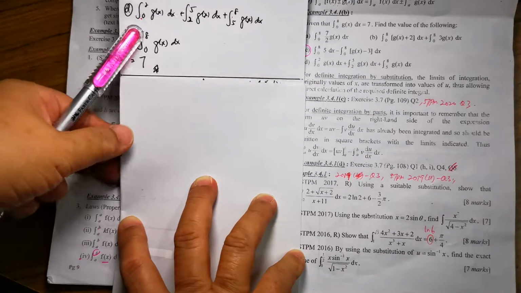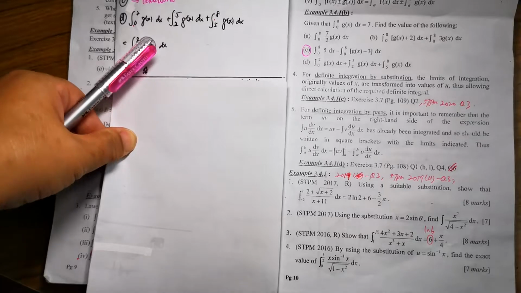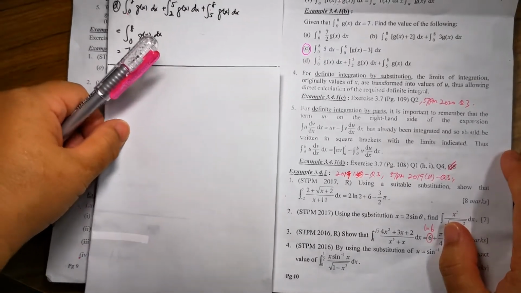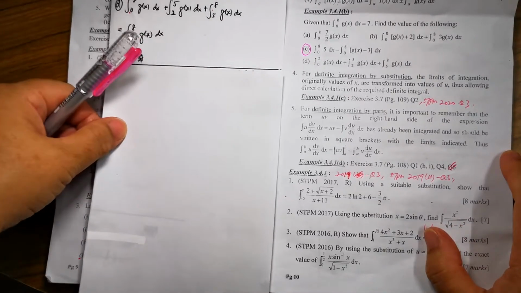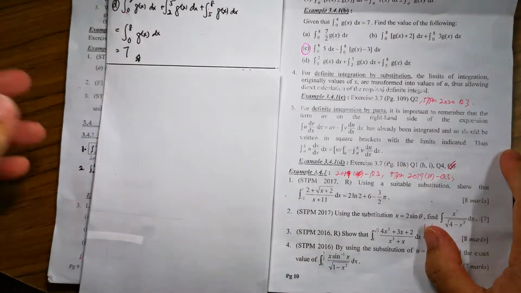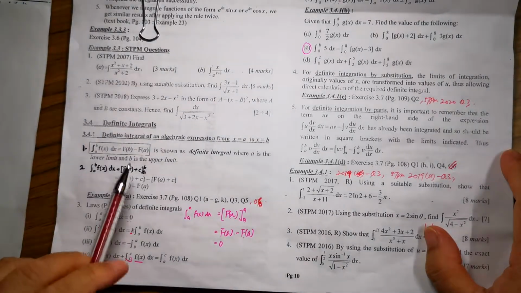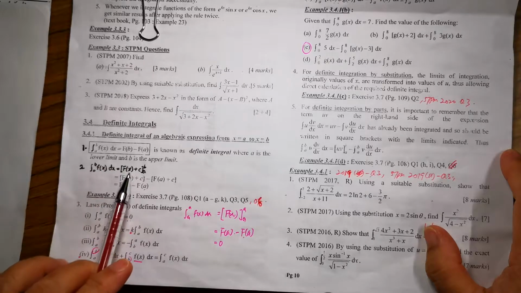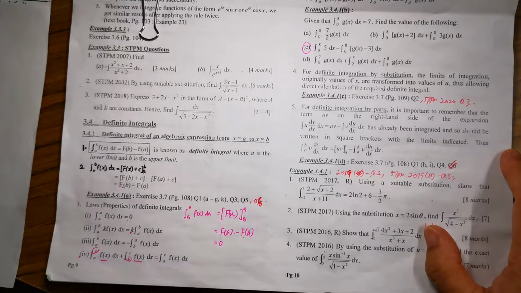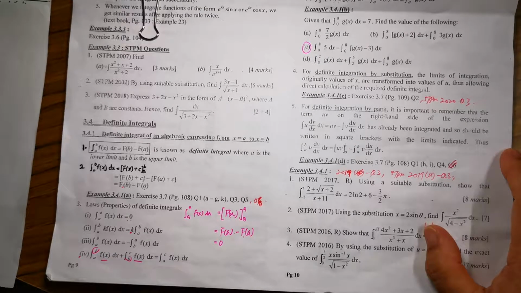Okay, so this is the example of how we can apply these properties. So next, after we have learned the rules, remember, last lesson we discussed how to find the definite integral for integrands that we can integrate directly by applying the formula, or the worst one, partial fraction.